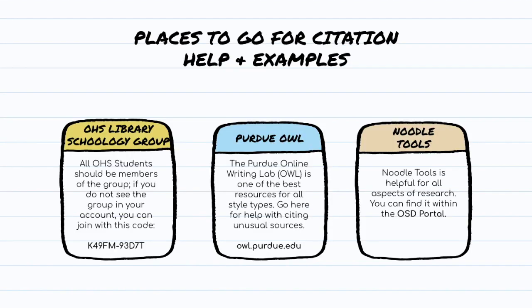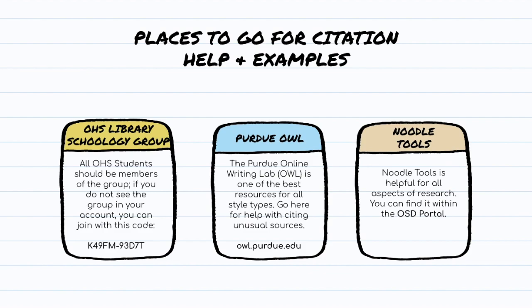If you ever need help or want some examples, there are a variety of places you can refer to for answers to your questions. The first place I'd like to encourage you to visit frequently is the OHS Library Schoology group. We have pre-populated all of you into the library group within Schoology.